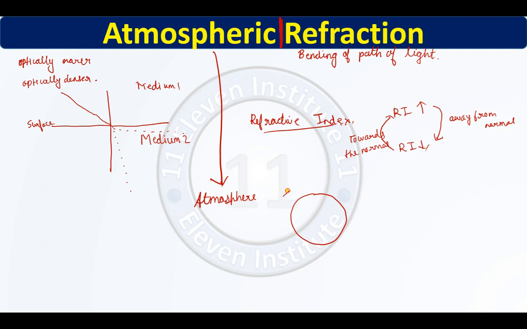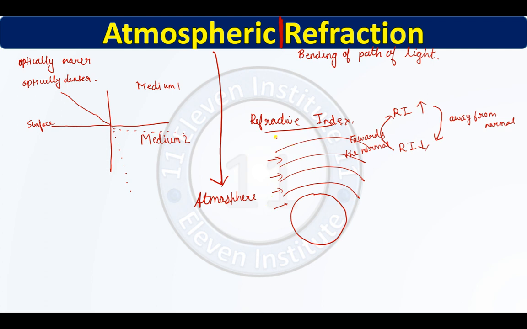But the atmosphere has many layers. Suppose this is the first layer, second layer, third layer, fourth layer. Stratosphere, troposphere, mesosphere, and so on. These different layers of the atmosphere of the earth have different refractive indices.